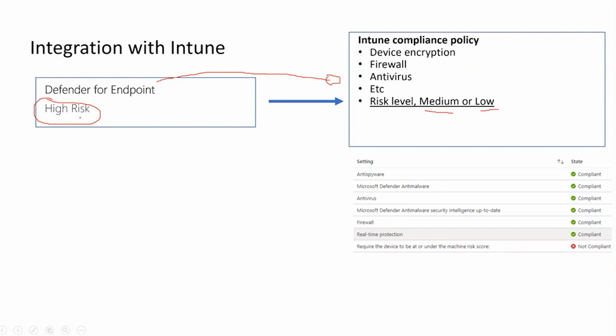By the time the device, maybe there are too many alerts, bad things happen on the device, and the device goes to a high risk, the good news, as you can see in here, is everything is compliant. We have anti-spyware, we have anti-malware, the firewall is on, pretty much everything is fine, but the risk level is not, because the device is compromised.